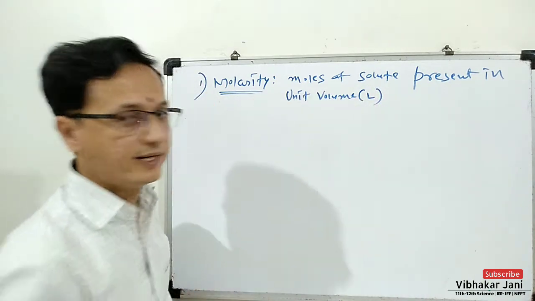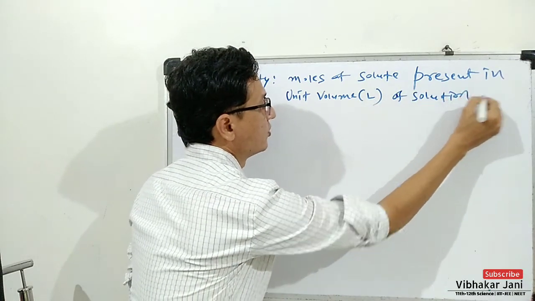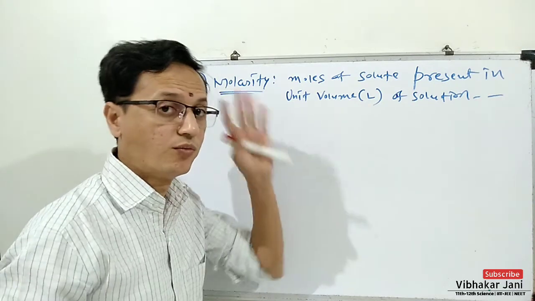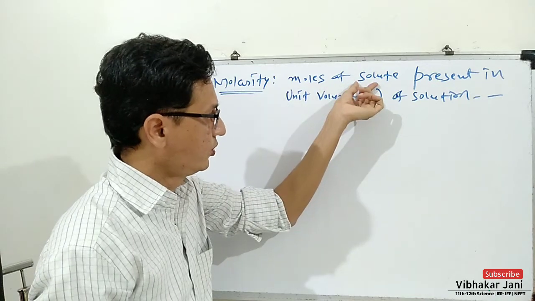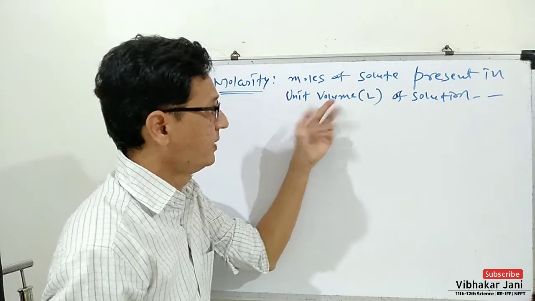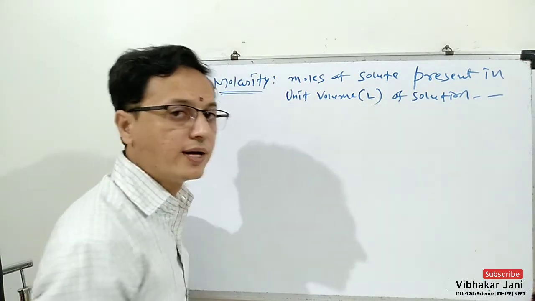Volume should be in liter. Unit volume of solution is considered as molarity of that solution. Again, moles of solute present in unit volume in liter of a solution is considered as molarity.